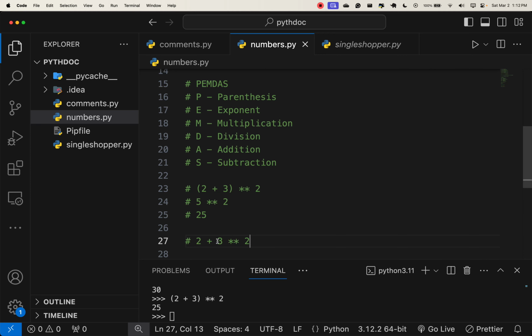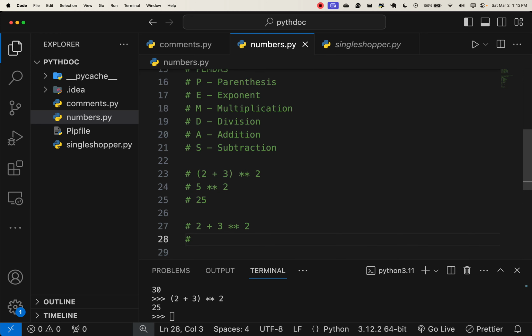So let's solve that exponent first. 3 raised to the power 2 is 3 times 3, that's 9, and 2 plus 9 gives us 11. Let's type that here and see if that's what we get. And 11. That is exactly how arithmetic expressions work in programming generally, but even more so in Python.